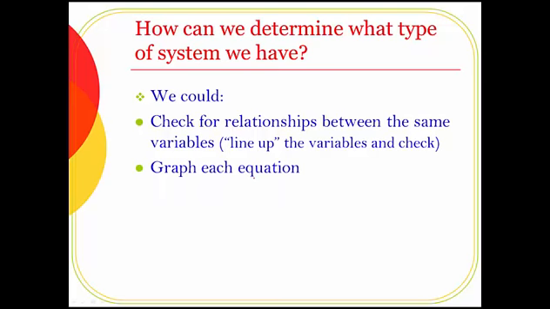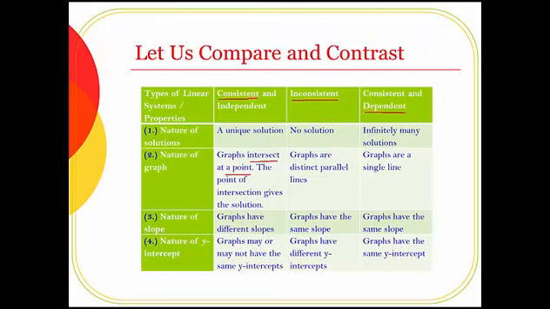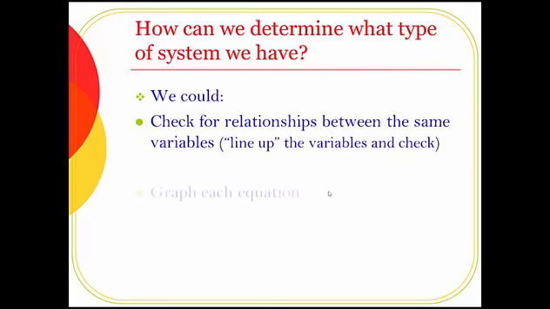When we graph them, we could find out the nature of the graph. If the graphs intersect, that means they are consistent. If the graphs are parallel lines, that means they are inconsistent. If the graphs are a single line, that means they are dependent. So that's the second one.